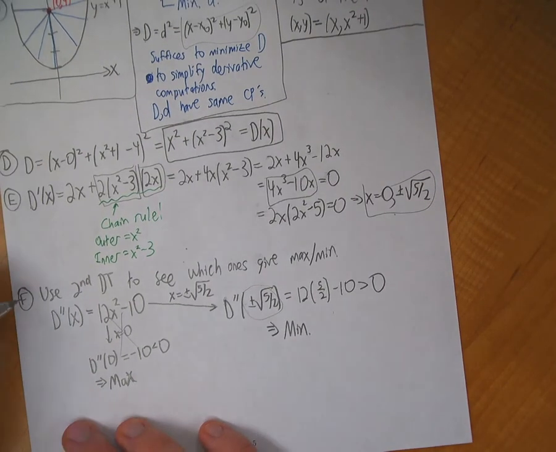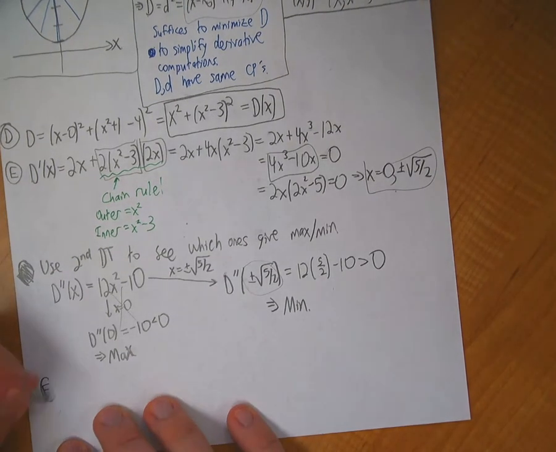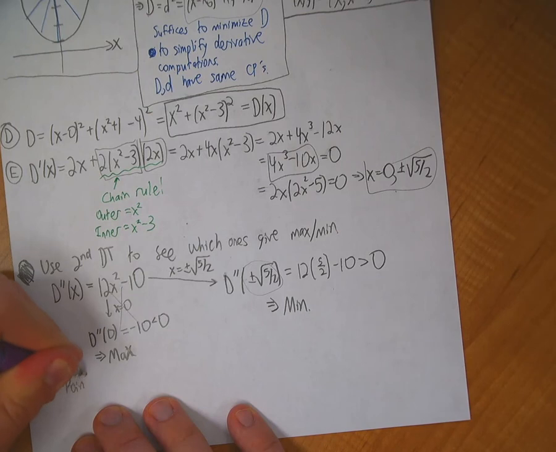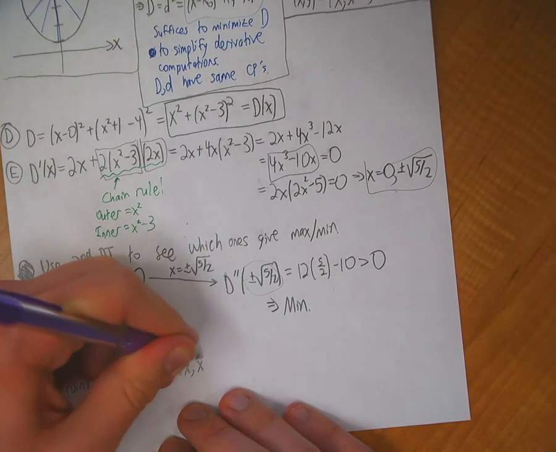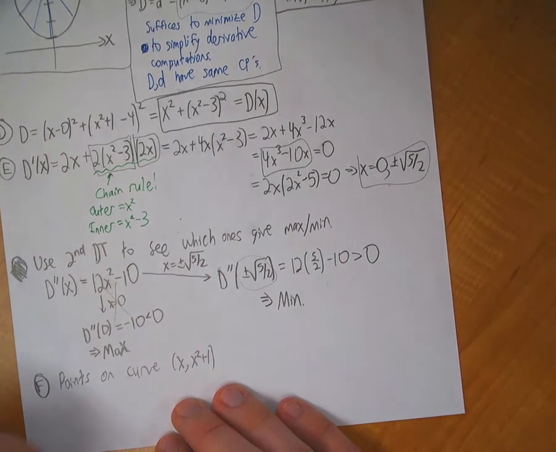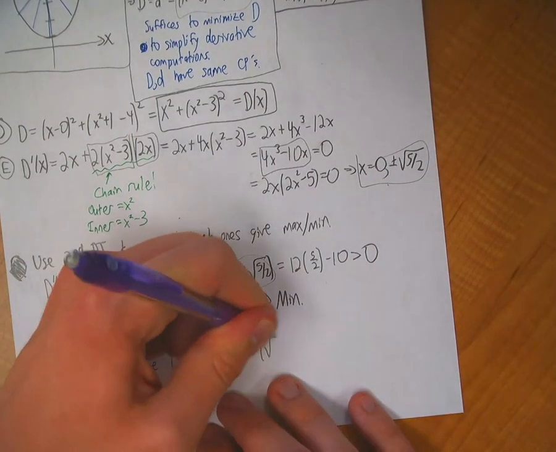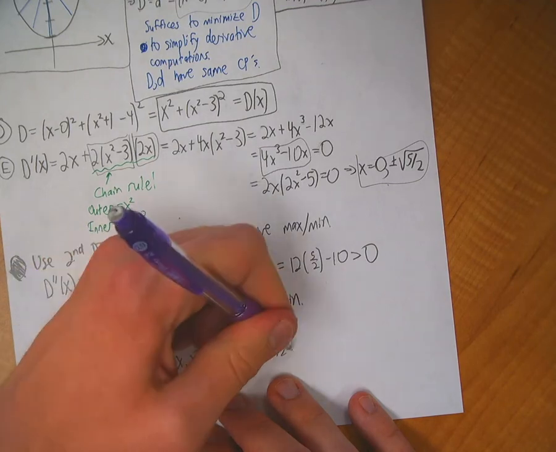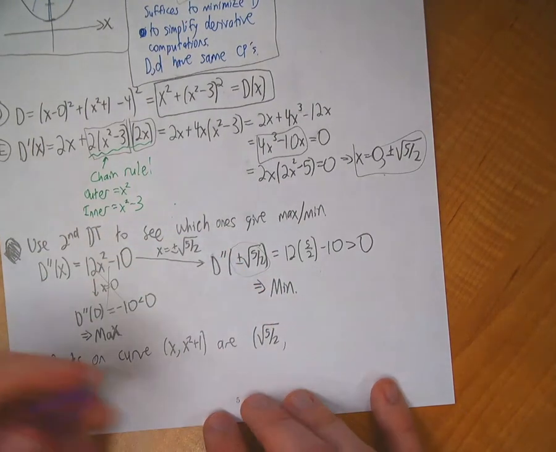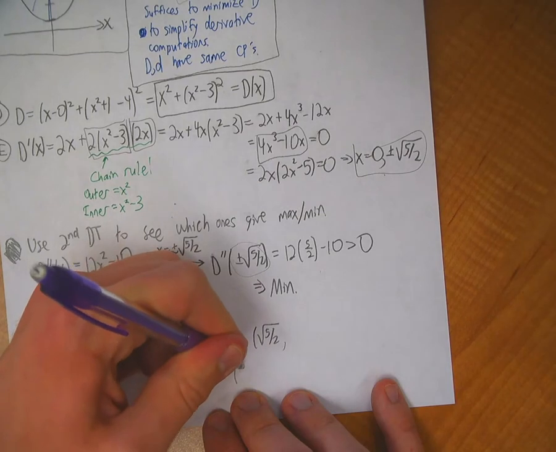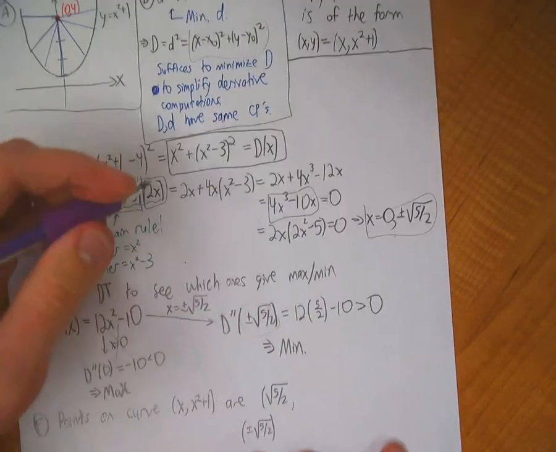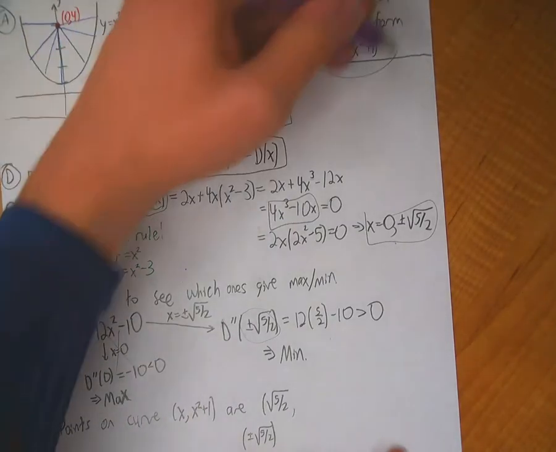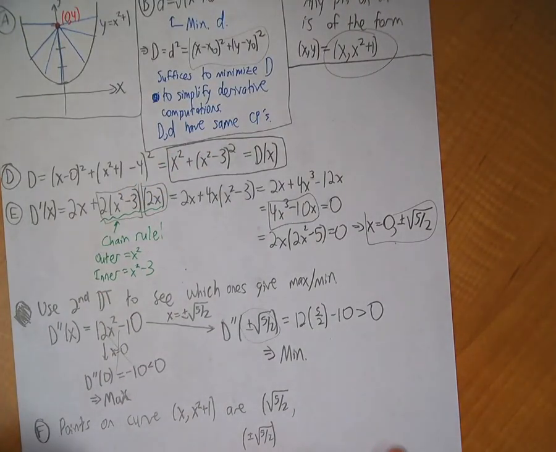Actually, sorry, this is not step F yet. In this case, now we have step F. So that means the points on the curve, x comma x squared plus 1, are going to be positive square root of 5 halves, and then comma, well, we have to find the corresponding y-coordinate. We plug this back into our x squared plus 1 constraint.